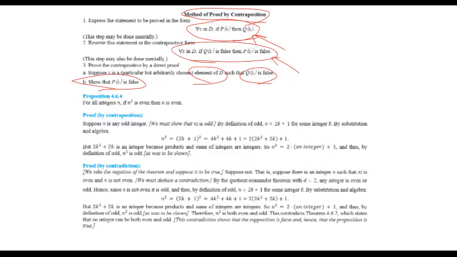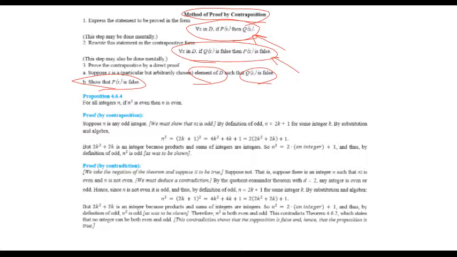In the first step, we convert that statement into its contrapositive, and in the second step, we prove the contrapositive by supposing an arbitrarily chosen x belongs to D that makes Q of x false, and proving that P of x is also false.